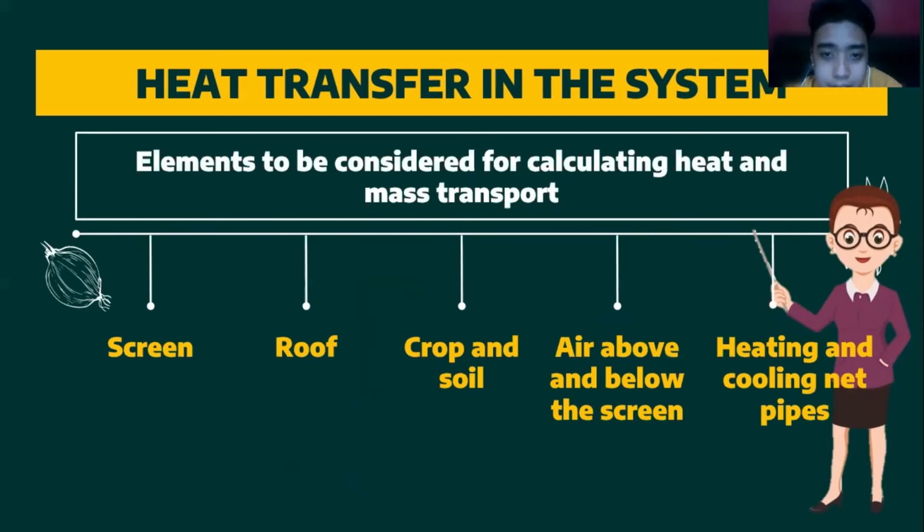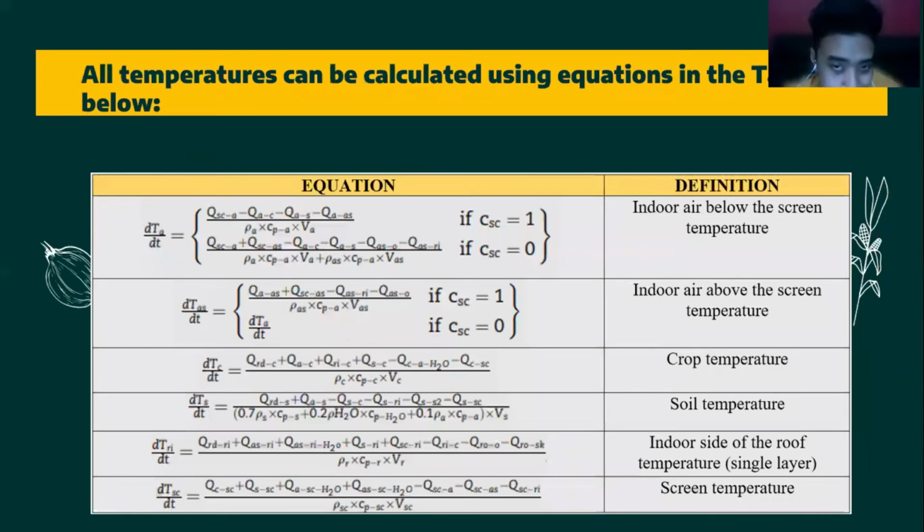The elements to be considered for calculating heat and mass transport are: air above and below the screen, crop, heating and cooling net, pipes, roof, screen, and soil. These elements are modeled as lumped parameter models believed to be internally homogeneous. Okay, next.